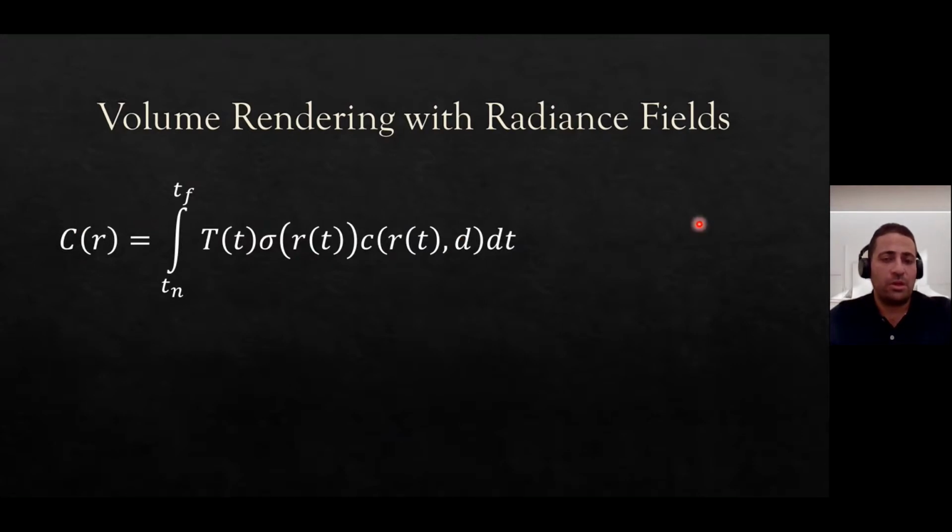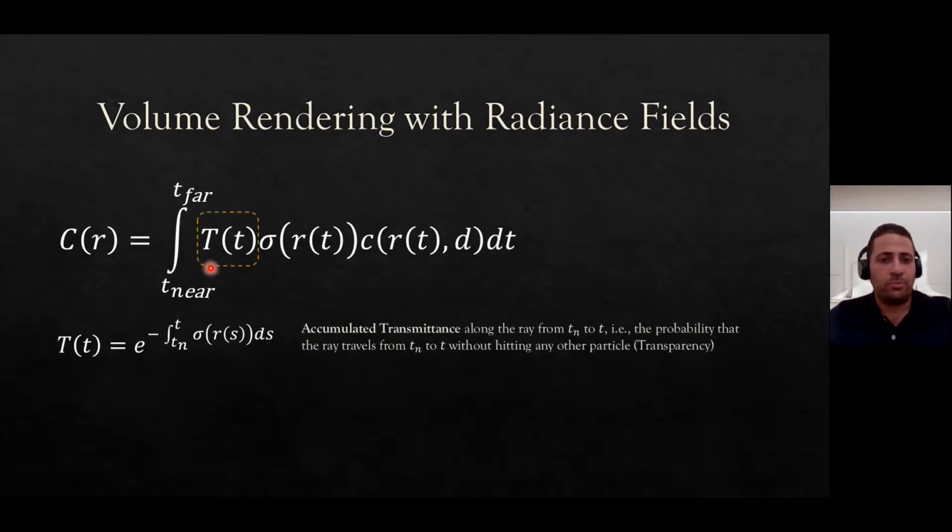Now, this function looks complicated, but we'll break it down to understand what every component means. First, we integrate from Tn to Tf. Tn and Tf are basically near and far. So we are starting with a near point from the camera and ending the integral at a far point. Okay, this is basic.